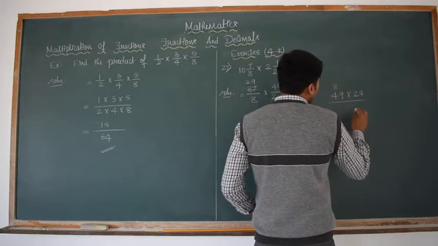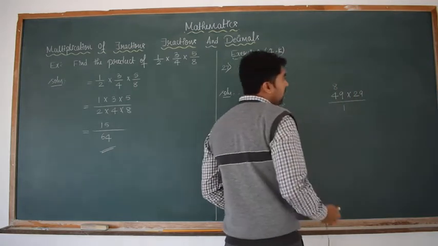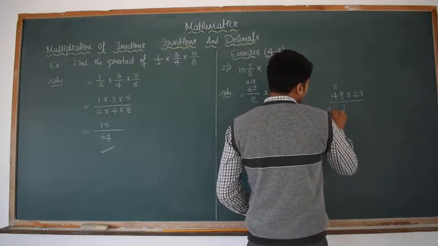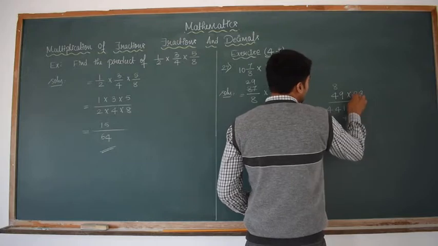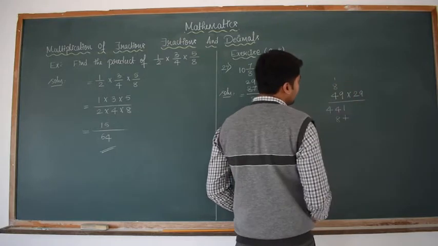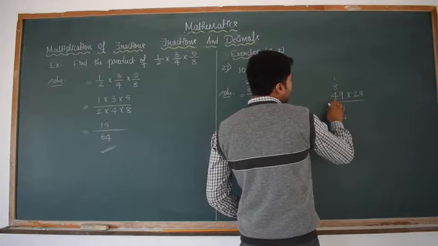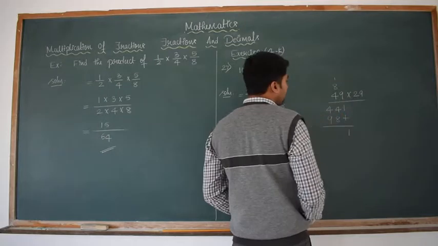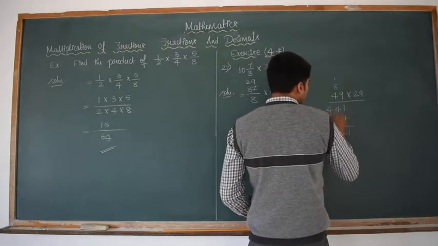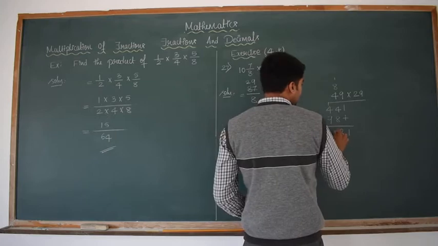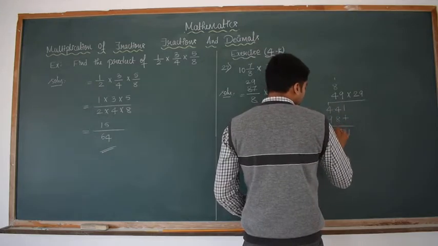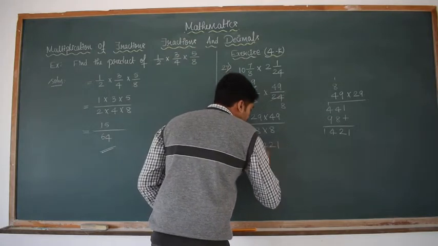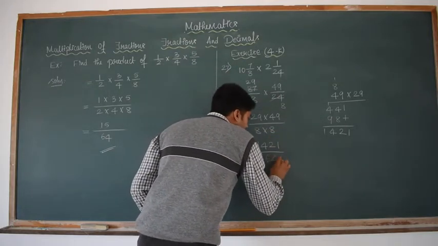9 9s are 81, 8 carry, 9 4s are 36, 36 plus 8, 44, plus 2 9s are 18, 1 carry, 2 4s are 8, 8 plus 1, 9, 4 plus 8 is 12, 1 carry, that is 14. 1421 in the numerator, and in the denominator, 8 8s are 64.